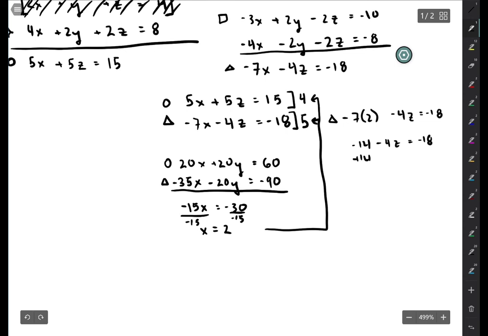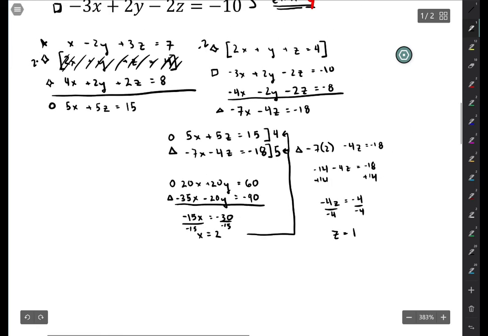Add the 14, add the 14. Negative 4z equals negative 4. And look at that, z equals 1.